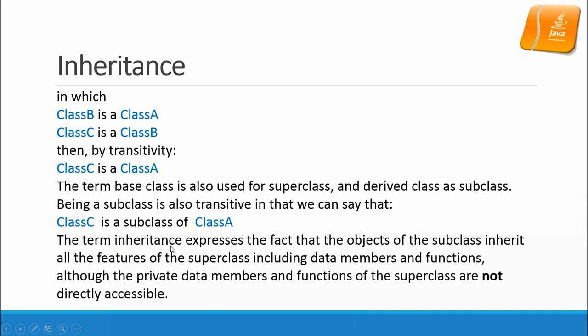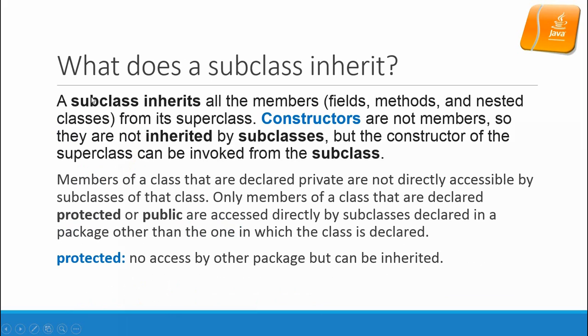The term inheritance expresses the fact that the object of a subclass inherits all the features of the superclass, including data members and functions or methods, although the private data members and functions of the superclass are not directly accessible. Remember, private data members and functions are not directly accessible but are inherited. What does a subclass inherit?